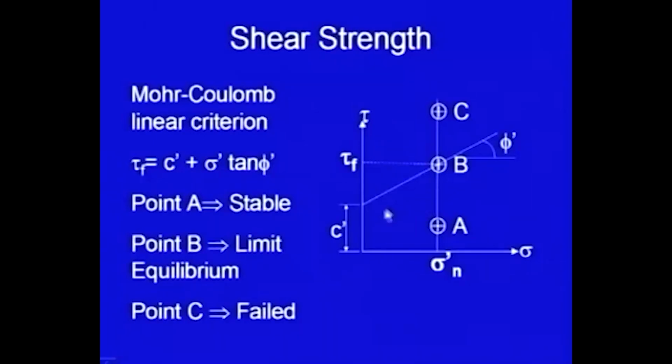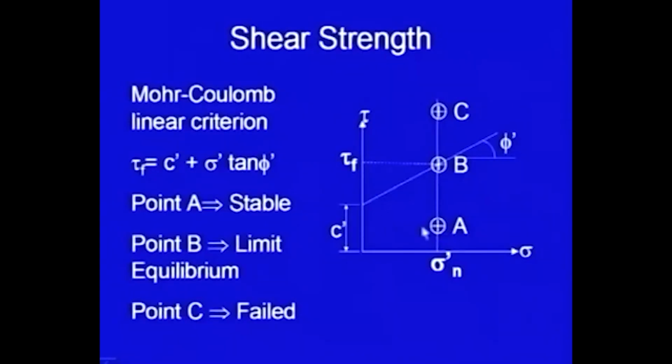Let me explain what this failure envelope means. Let us have 3 points A, B and C. They represent 3 different stress states. When I say stress state in this tau-sigma space, it means there is a given sigma n value, some normal stress value, and some shear stress.